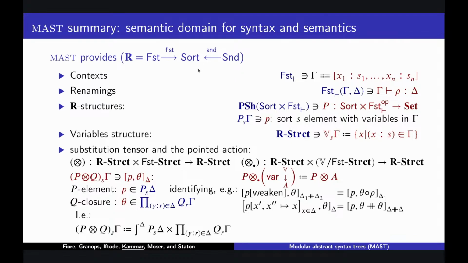Yeah, in the set. The contexts and the renamings form a category, so I tell you what the morphisms are. A morphism from gamma to delta in this category: I use this mnemonic, for every variable in delta of sort S, I need to pick a variable in gamma of sort S. You can choose this direction, you can choose the other one, we can argue over which is which.